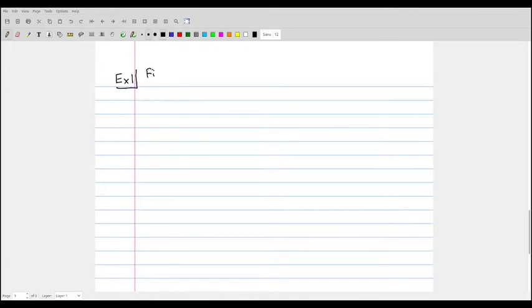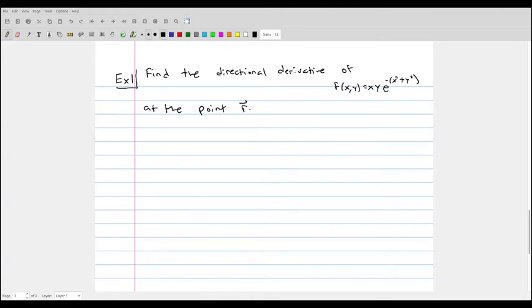So let's try and find the directional derivative of the function xy e to the negative x squared plus y squared at the point r0 equal to 1, 1 in the direction v equal to negative 1, 2.